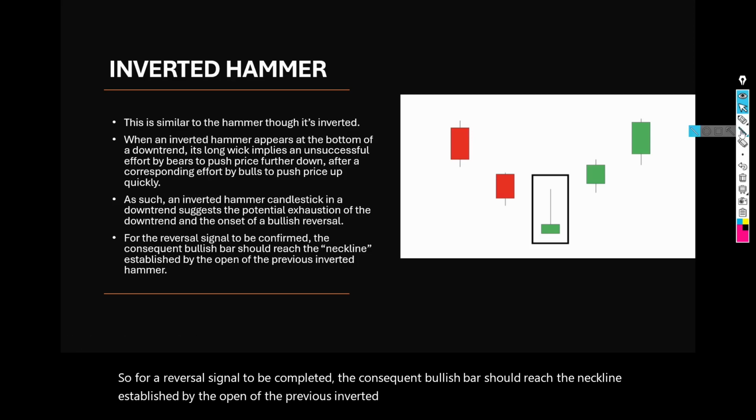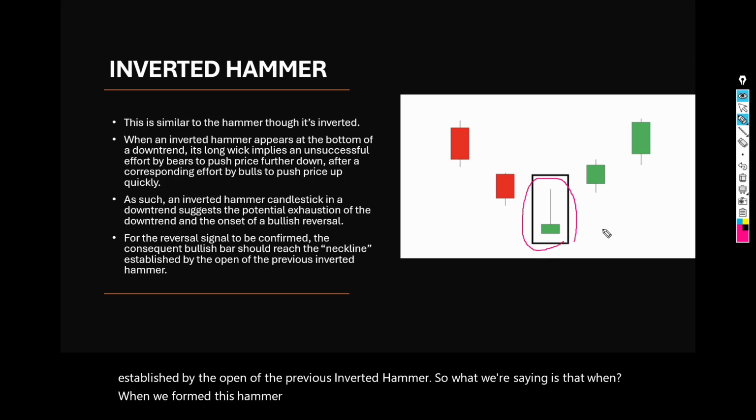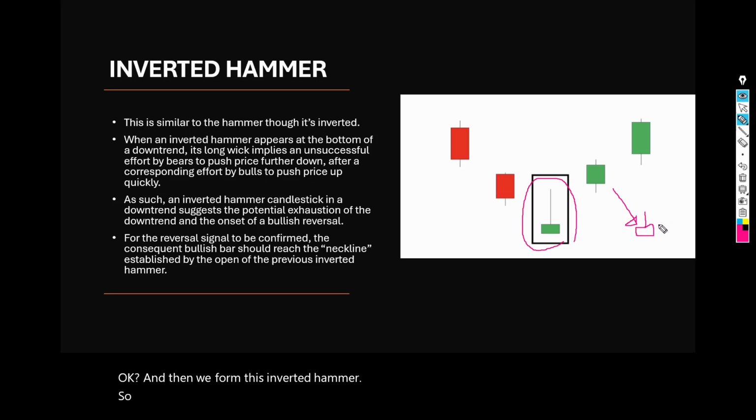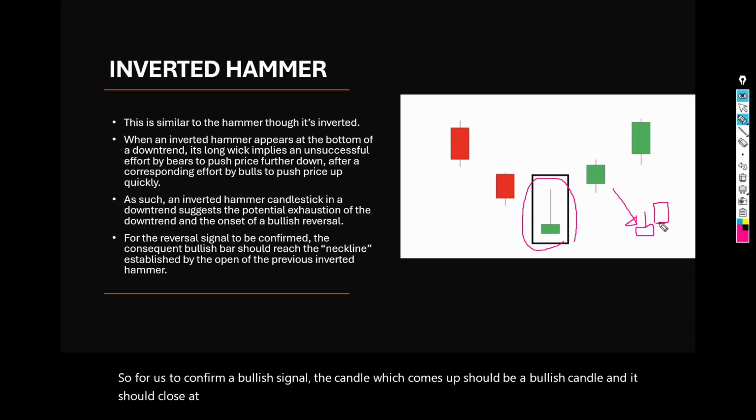So what we're saying is that when we form this hammer right here, we're on a clear downtrend, okay, and then we form this inverted hammer. So for us to confirm a bullish signal, the candle which comes up should be a bullish candle, and it should close at least higher than this previous open here, or the swing high of that inverted hammer.